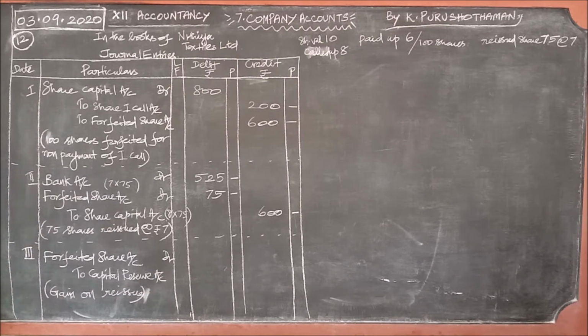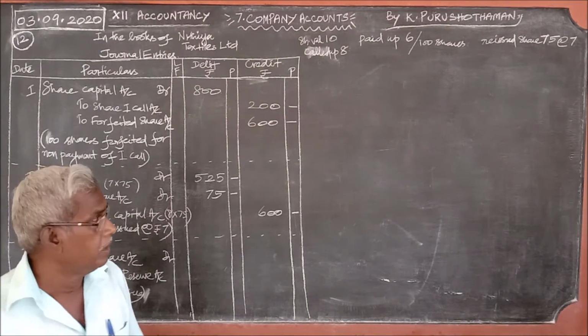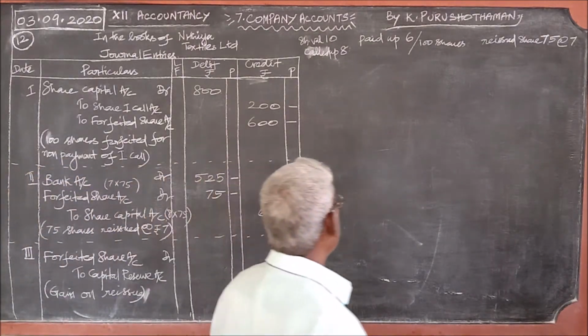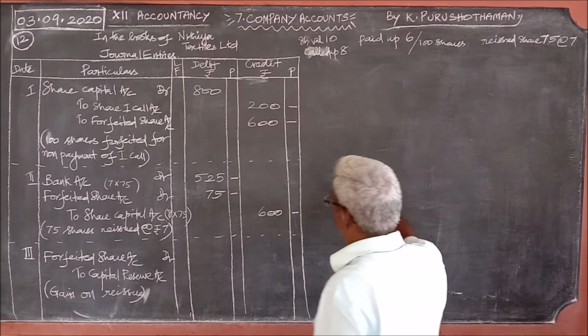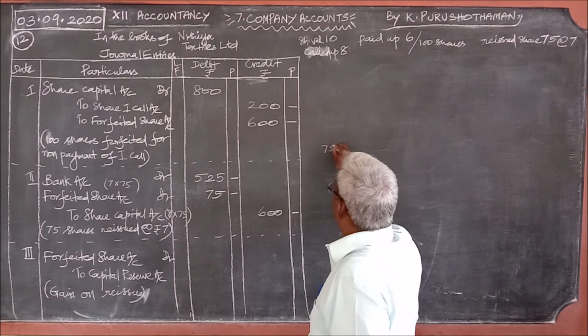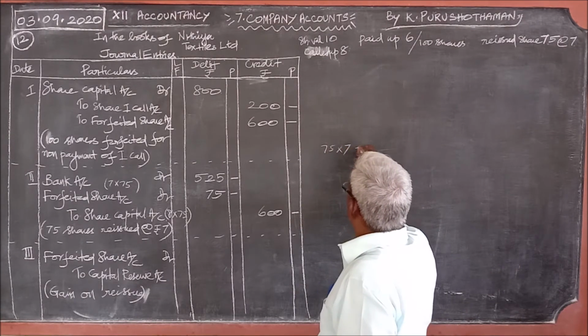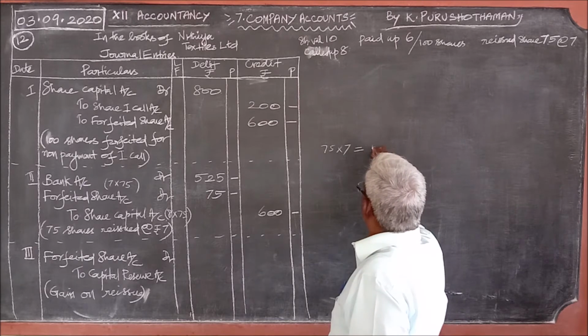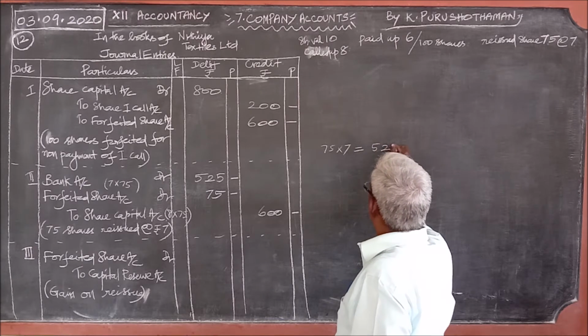What is the gain on reissue? We should find it very carefully. These 75 shares were issued at the rate of 7, that is 525.